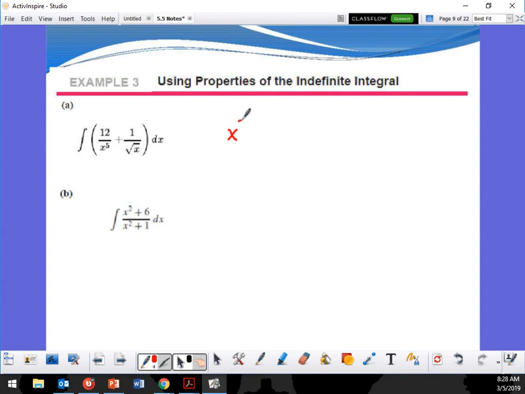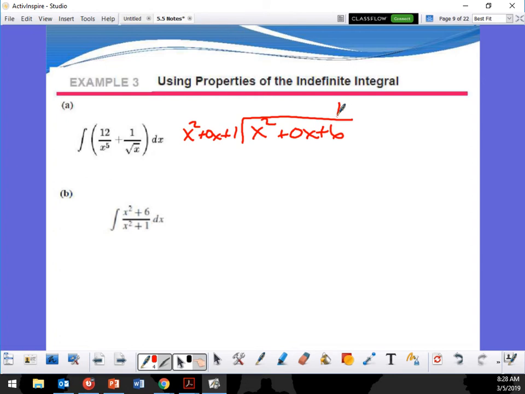I have x squared plus 6. Wait, hold on. It's without square root. No, it's not that. It's x squared plus 0x plus 6. And then I'm going to have x squared plus 0x plus 1. Right? Yeah, long division.